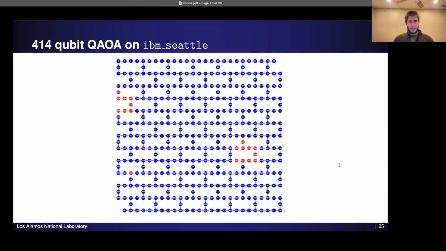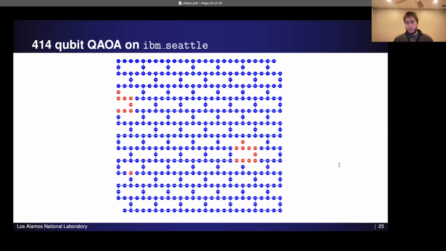Okay, so the last thing that I'm going to mention is what is, I believe, the largest QAOA experimental demonstration in terms of number of qubits that has been performed. This was done on IBM Seattle, a 433 qubit IBM processor, but 19 of its qubits were deactivated, not available to users.